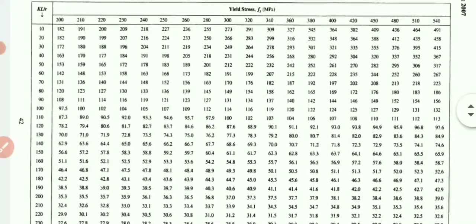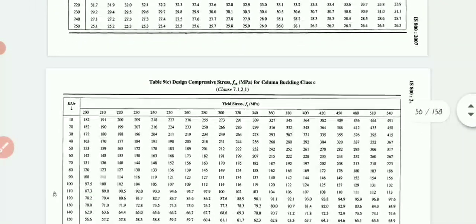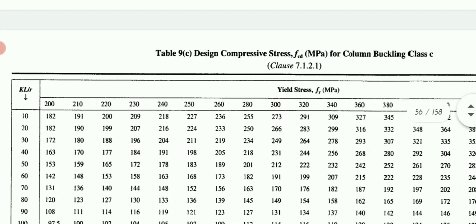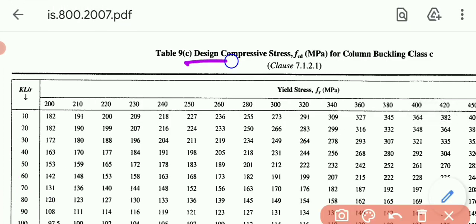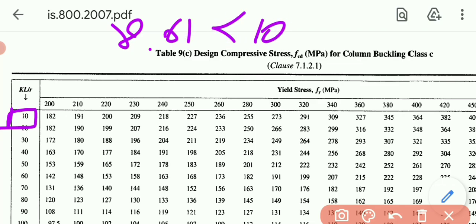When you see page number 42, over here table 9C is given to us for the FCD buckling, say design compressive strength for class C. But over here we can see that the slenderness ratio is starting from 10. We need to take the yield stress, that is 250, but as KL by R, that is slenderness ratio, starts from 0, and as our value is 8.61, which is less than 10, we need to take the slenderness ratio equal to 10 only.